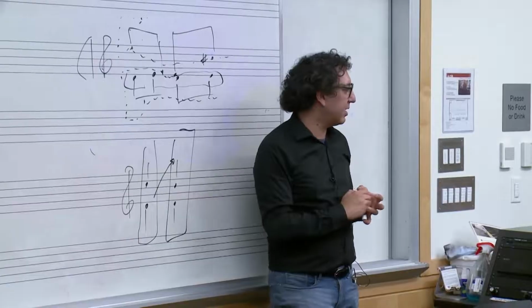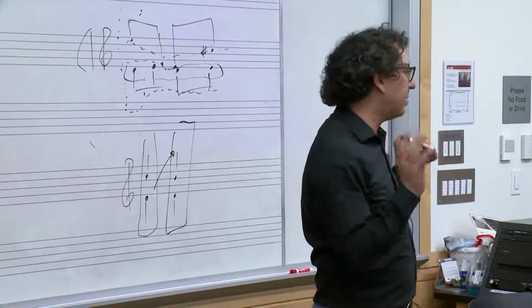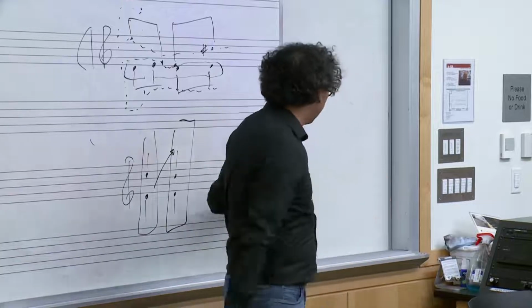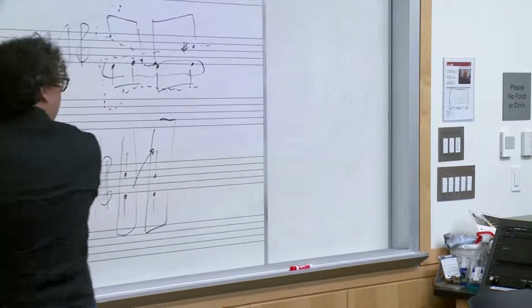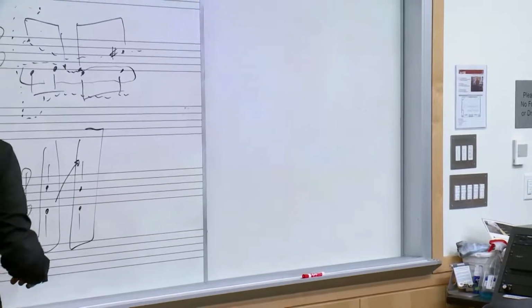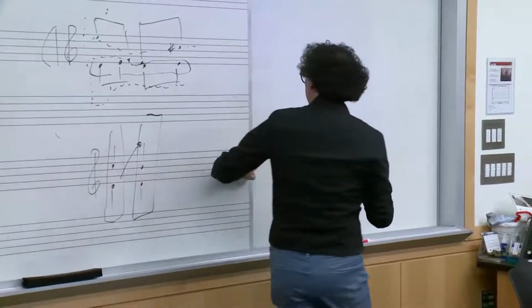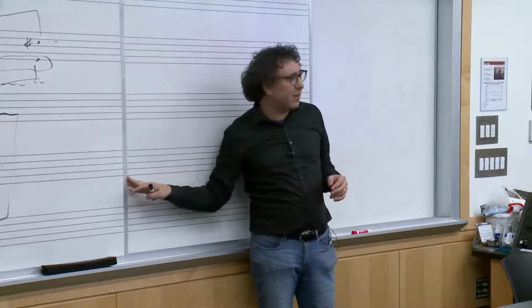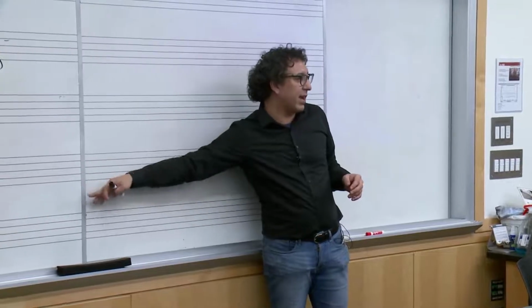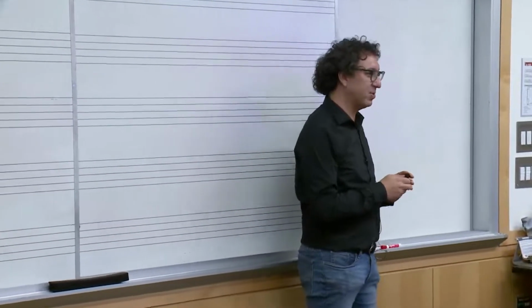One of the classic applications for starting off computational voice leading is to work on a topic called species counterpoint. Has anybody done species counterpoint in one of their classes? Some instructors do it, some don't. Not everybody has. I think it's an 18th century way of learning to write music like they wrote it in the 16th century.